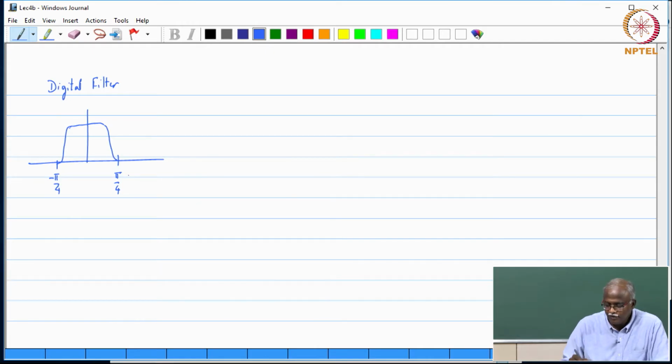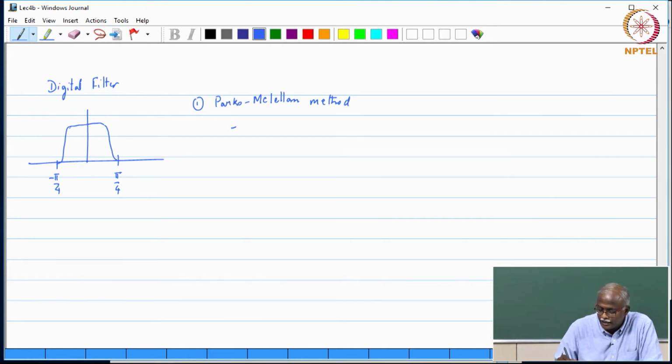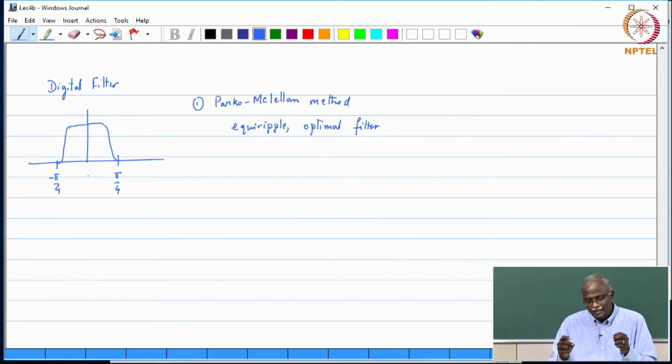Now, there are several methods, the Parkes-McClellan method, which designs for us an equiripple optimal filter. Okay. The Parkes-McClellan filter is also a linear phase filter.